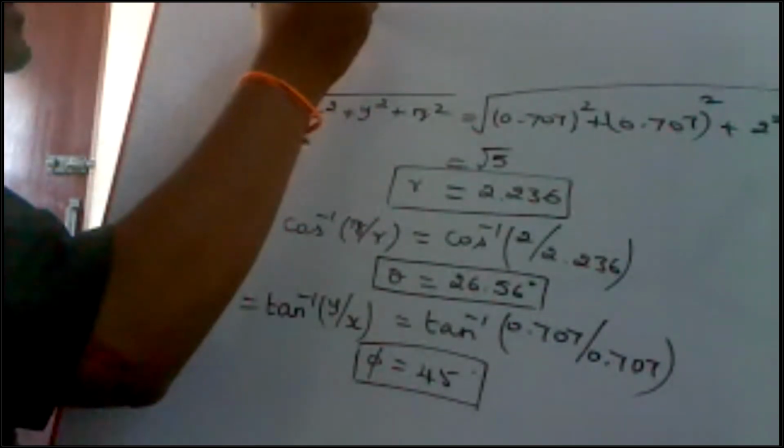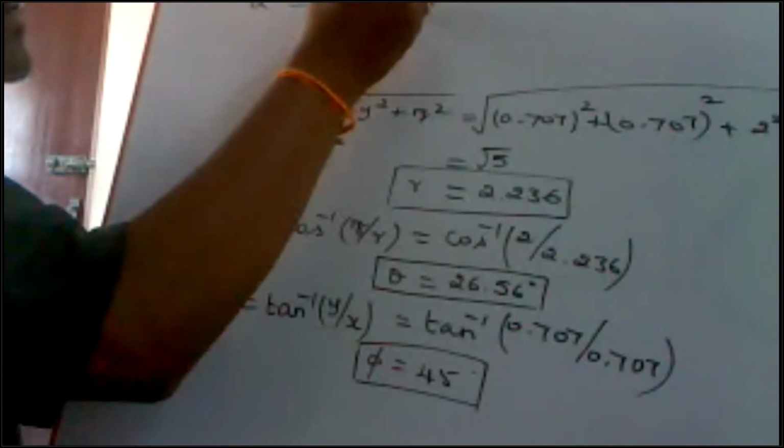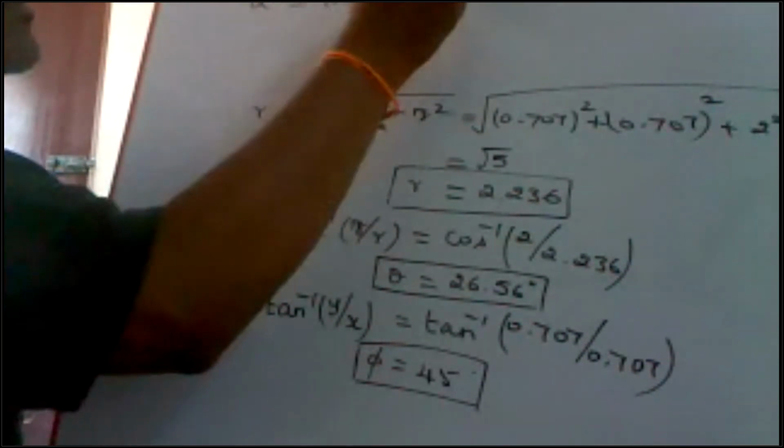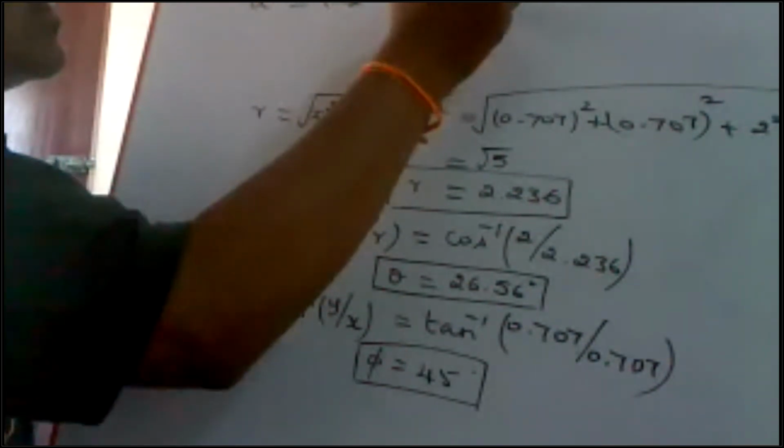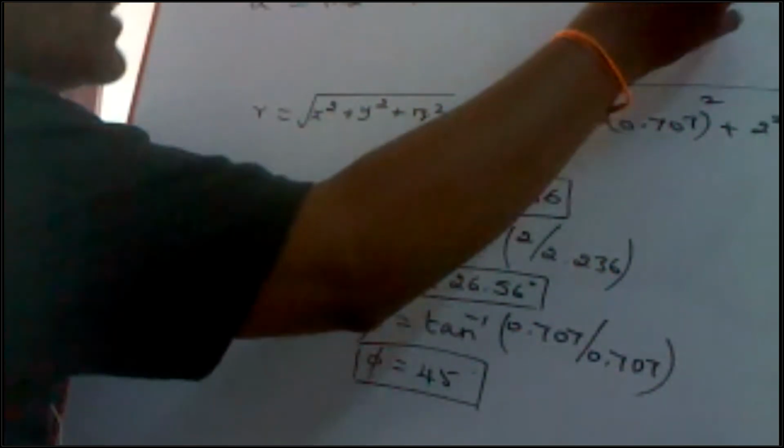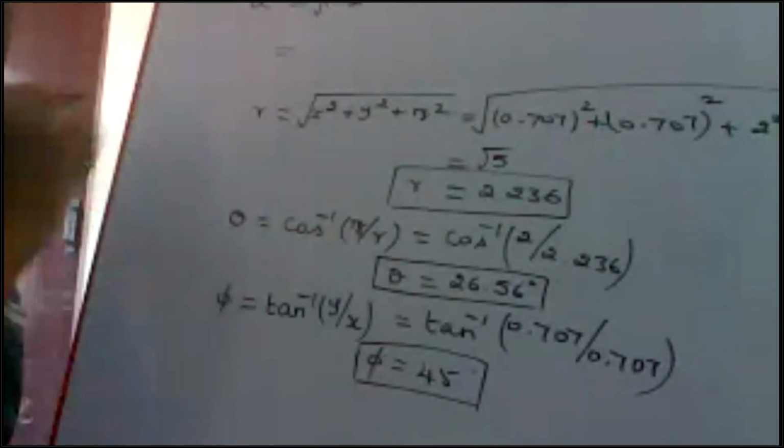So the formula for distance is, you can write anything, no issues: root of x2 minus x1 the whole square plus y2 minus y1 the whole square plus z2 minus z1 the whole square. The formula to find the distance.